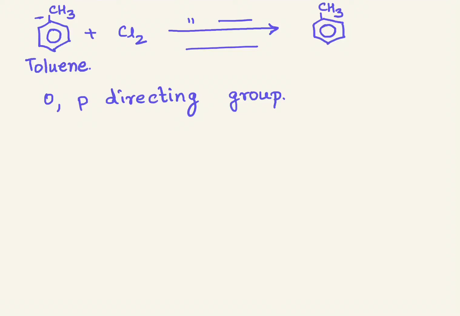So the replacement of the hydrogen by the halogen, and we will have two products over here, CH3Cl. Would you like to try and name these products? So you see over here, yes, both of them are at the ortho position. So ortho-chlorotoluene.